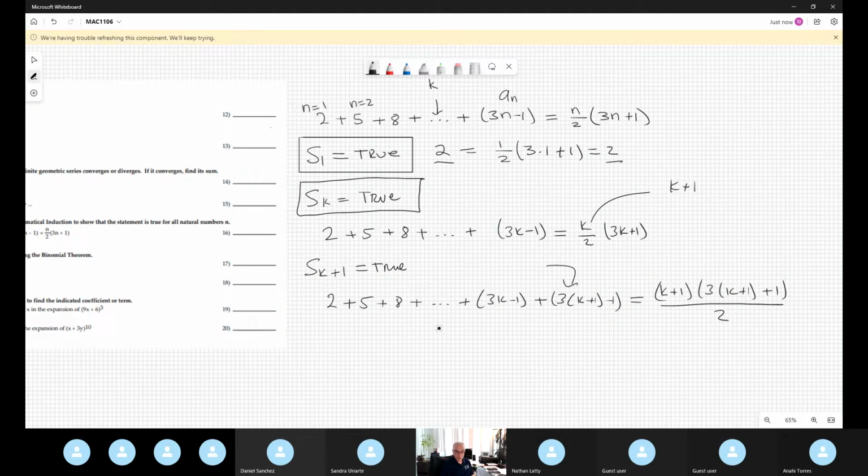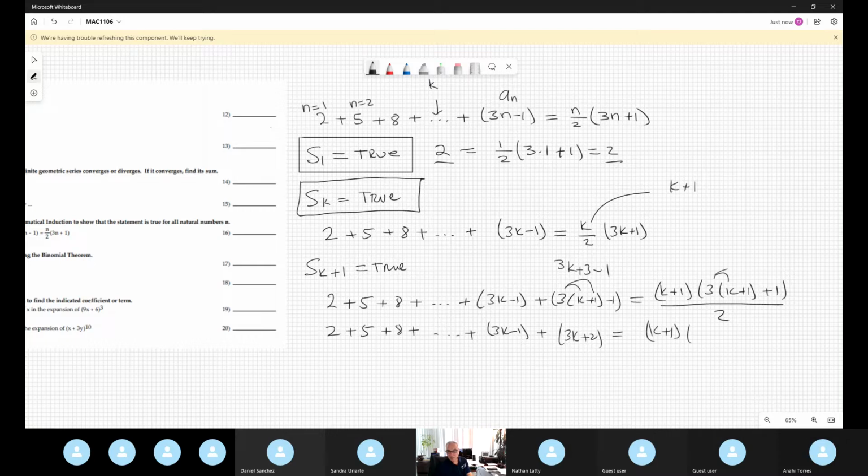Okay, let me try. So 2 plus 5 plus 8 plus ... plus 3k minus 1 plus, then you apply here, well, the distributive property, gives 3k plus 3, 3k plus 3 minus 1. So 3k plus 2, because 3 minus 1 is 2. Okay. Here, similar. It's k plus 1.